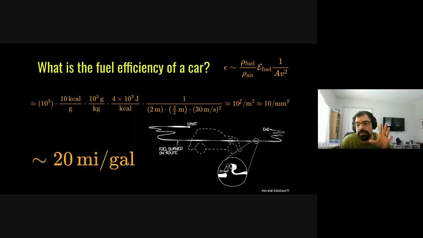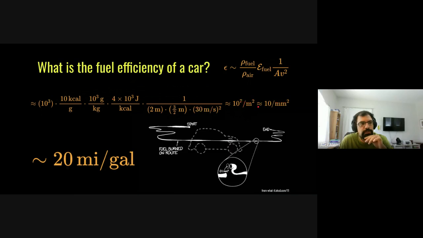The interesting thing here about fuel efficiency is if you look at all the units, we had a dimensionless density ratio. The kilocalories kill the kilocalories, the grams kill the grams, and the kilograms meters squared per second squared, so we kill the joules. And this whole quantity, fuel efficiency, is measured in per meter squared.